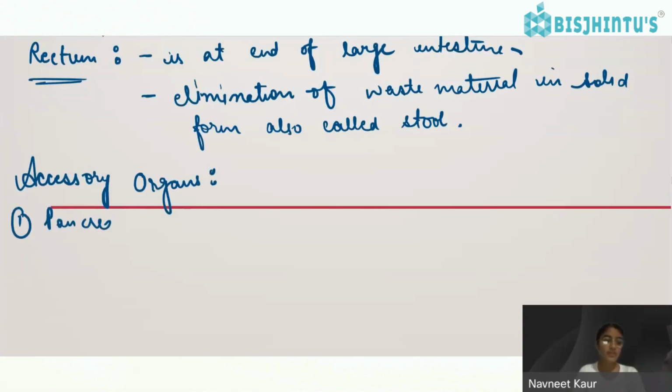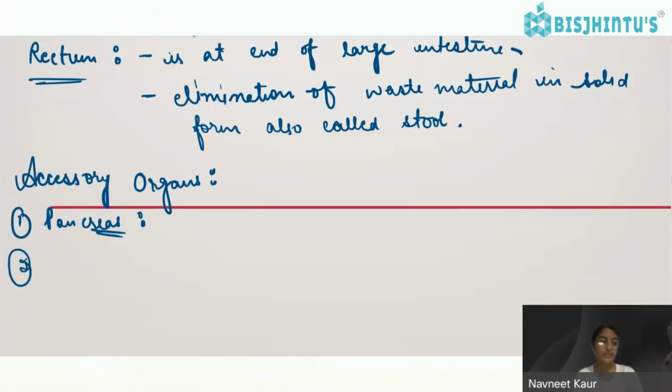Why pancreas? Because pancreas releases pancreatic juices, or we can say the digestive enzymes, which are responsible to complete the process of digestion. Okay, so it is a large gland which is present just behind the stomach and is responsible for releasing pancreatic juices.